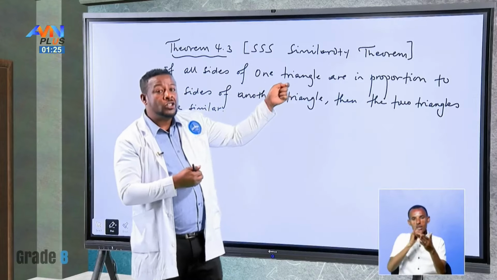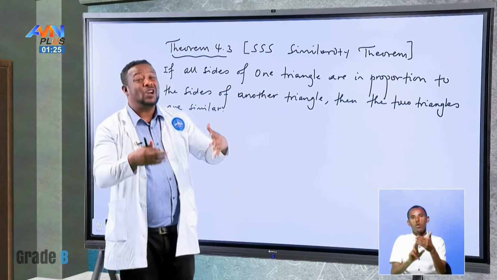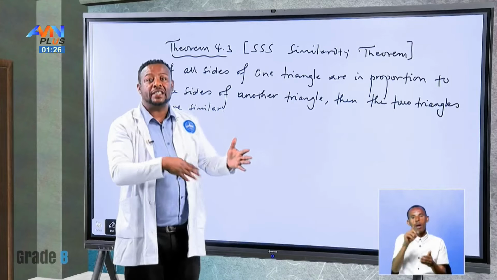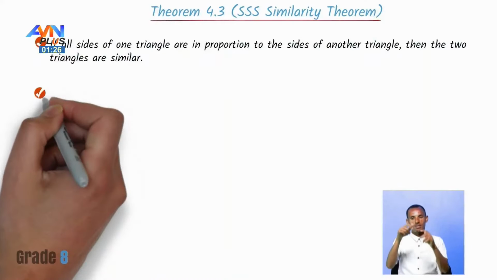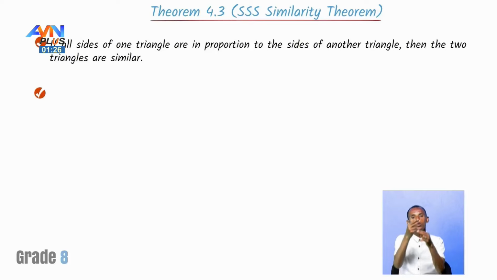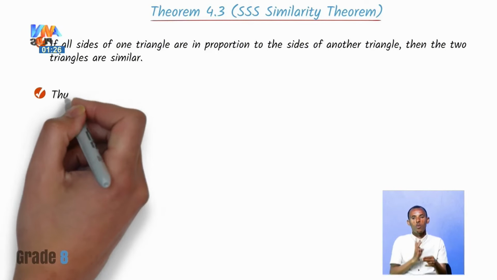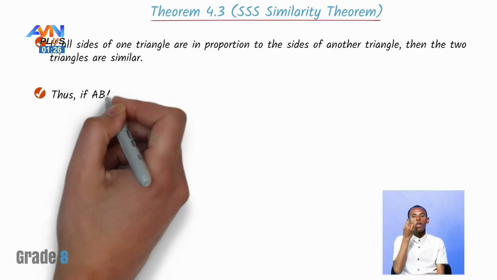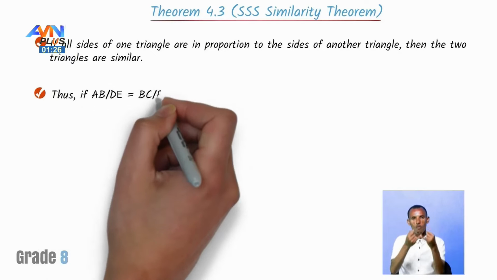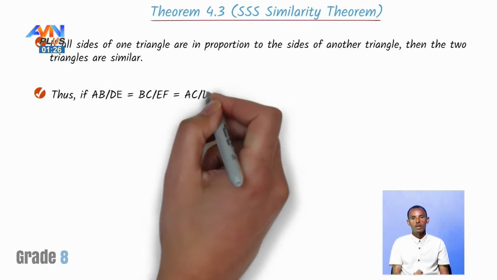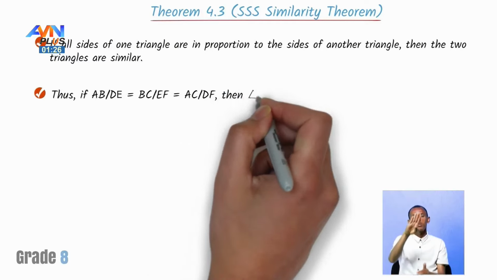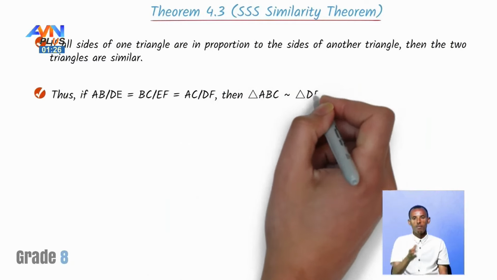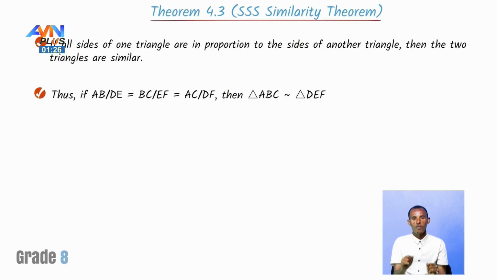What is that condition? The ratio of all corresponding sides of one triangle is the same as that of the other triangle, right? So shortly, we can say that if AB over DE is the same as BC over EF and AC over DF, okay? Here we can see the ratio of three corresponding sides of a triangle.